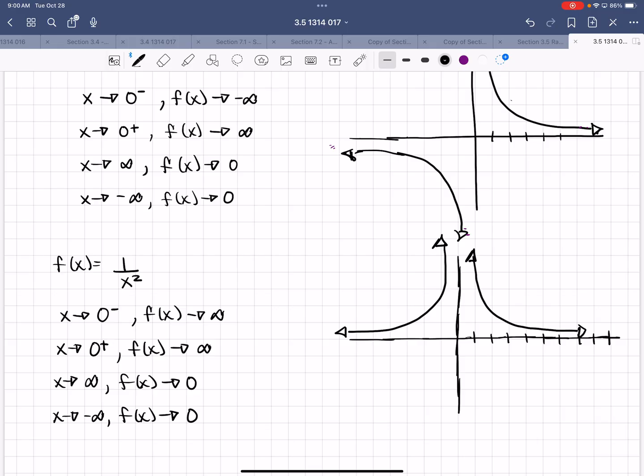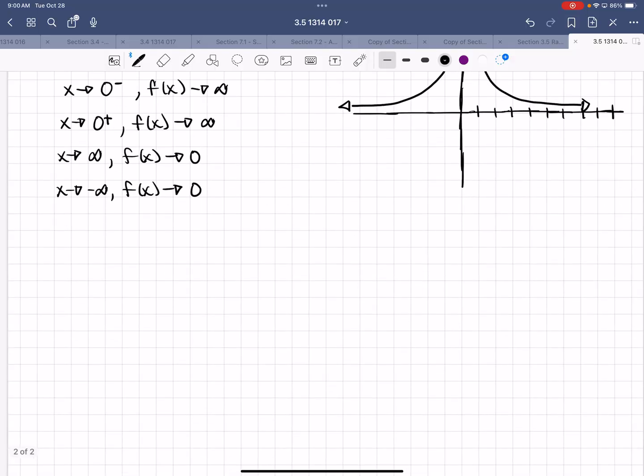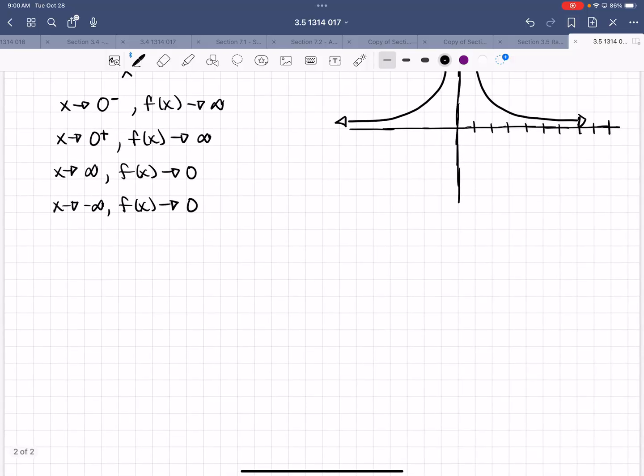All right, let's talk about how to pick out vertical asymptotes.